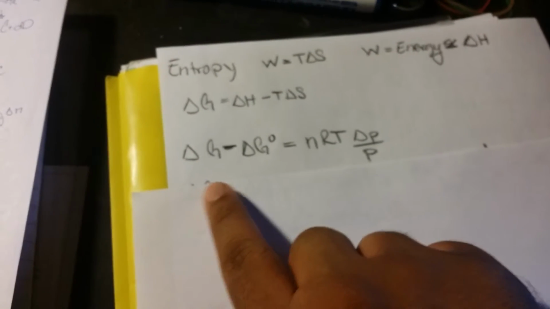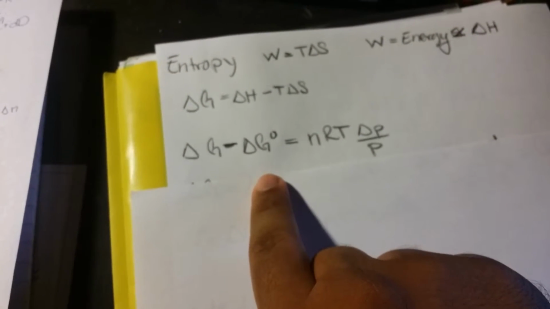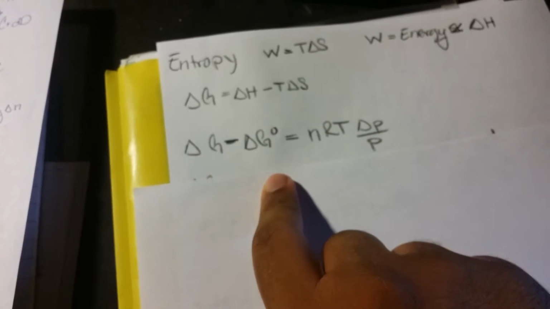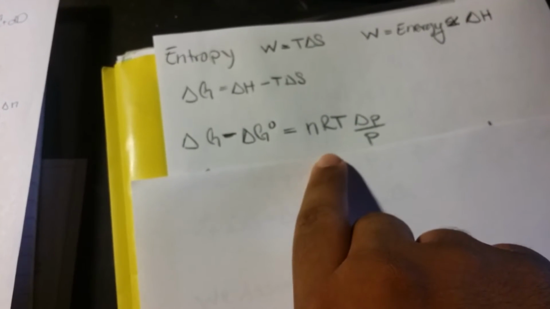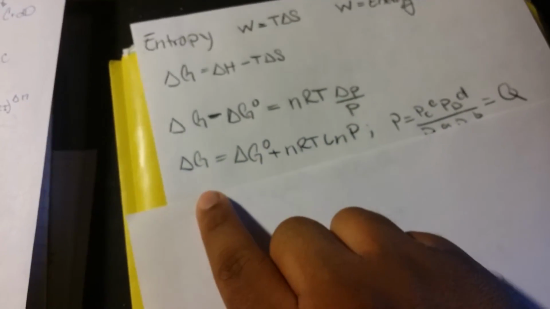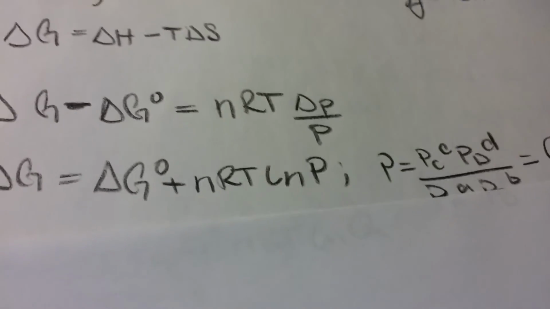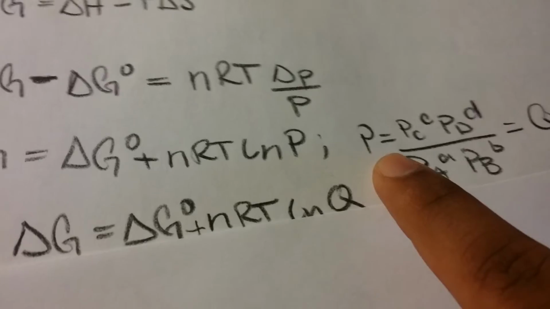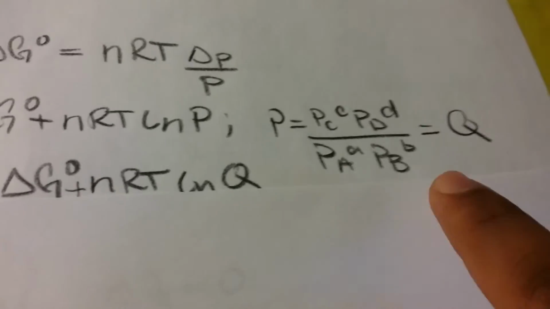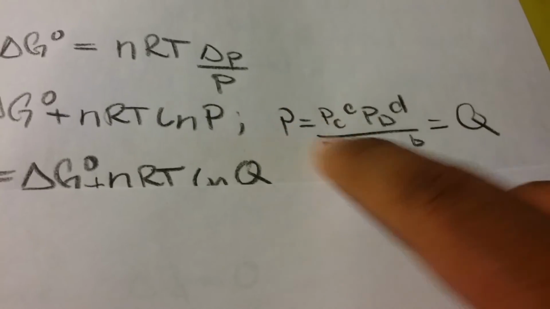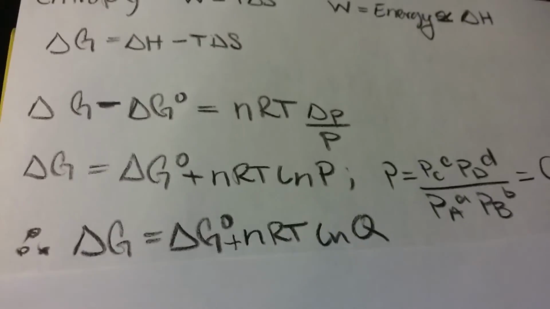Given that, we can plug in the standard Gibbs free energy. So we have delta G minus delta G standard equals nRT times delta P over P. With that, we can state that delta G can equal delta G standard plus nRT times the natural log of P. And we can also state, thanks to this ratio, that P is equivalent to the quotient, Q, of this equation right here.